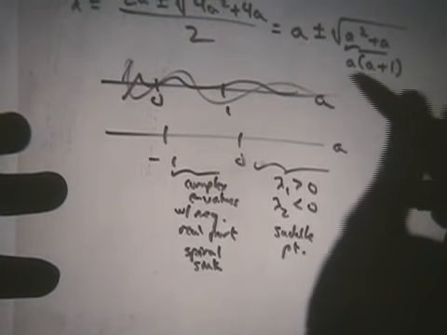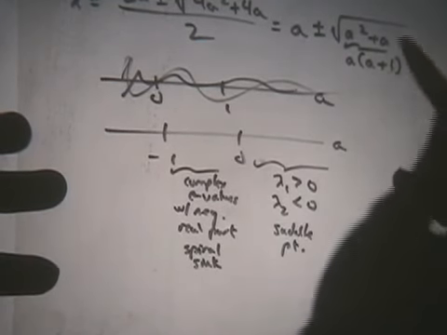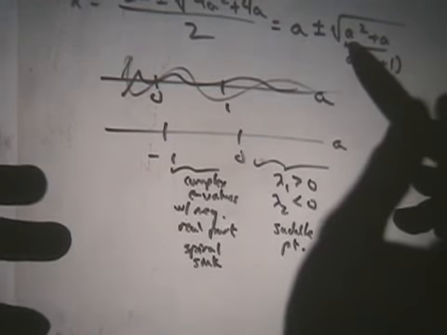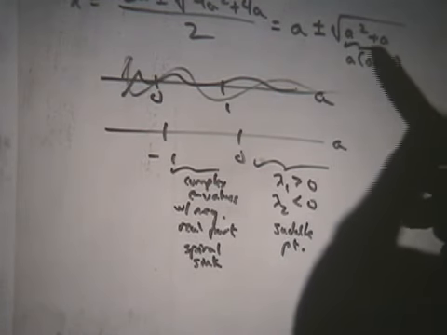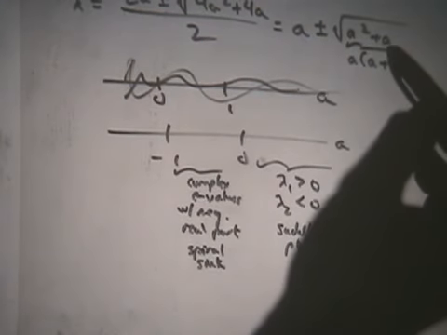When A is less than negative 1, for example, negative 2, this product is actually positive. A squared, A times A plus 1. You get a positive thing under the square root. So you're going to get real eigenvalues. If A is less than negative 1, however, it's negative, and therefore A squared plus A will be less than A squared. Because that'll be positive, but that'll be negative.